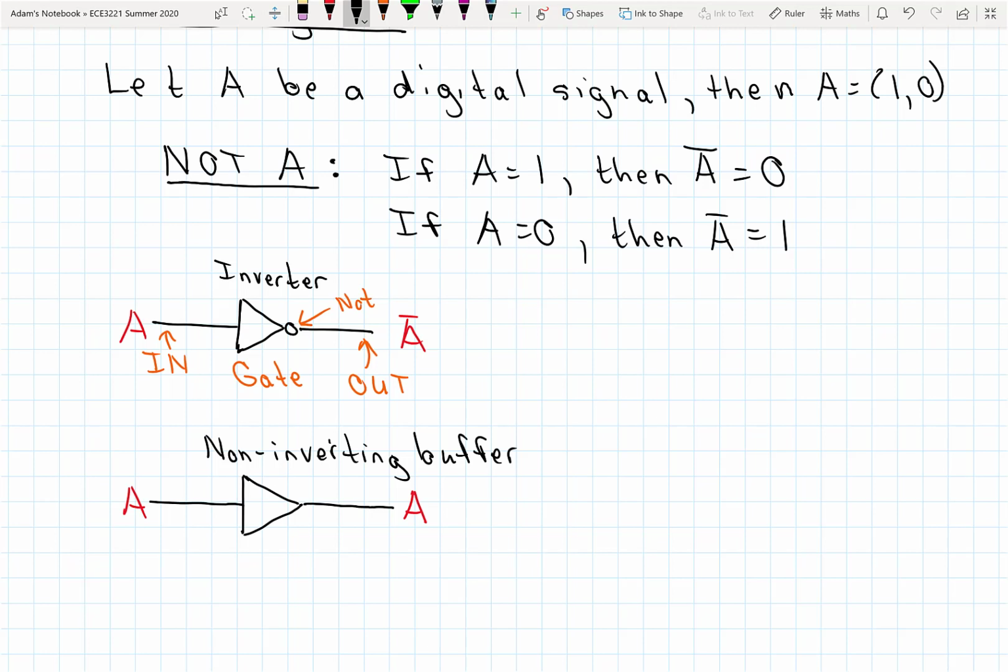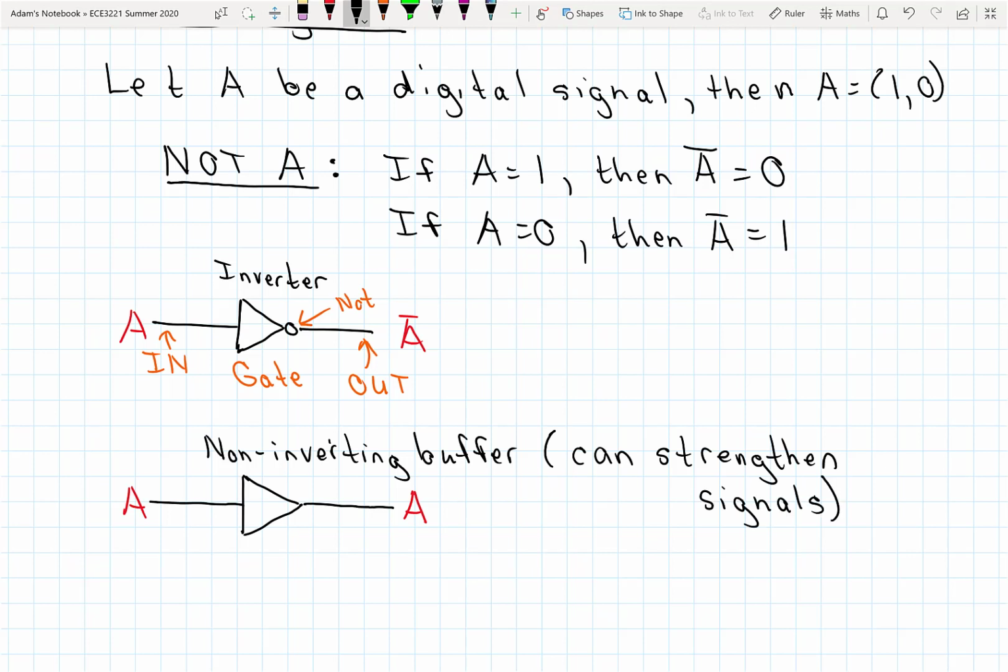Okay, so what's the point? If we are getting the same signal out as we put in, why bother putting this device in the circuit at all? Well, a non-inverting buffer is a device that, for maybe lack of a better term, can strengthen our signals.